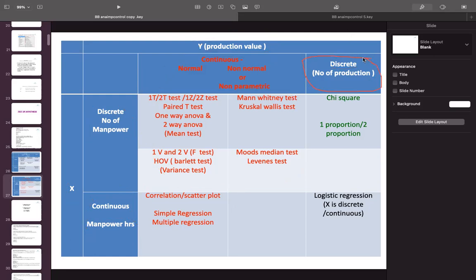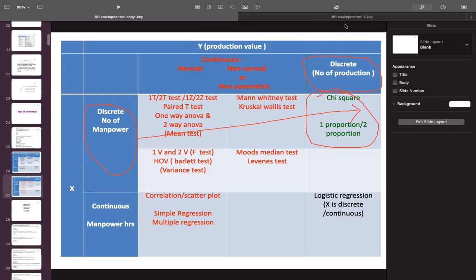You want to increase the number of production, and X is also discrete. For that combination, you have to use the chi-square test, one proportion test, and two proportion test. So your Y is discrete, X is also discrete, and in that example you're going to use all these tests.